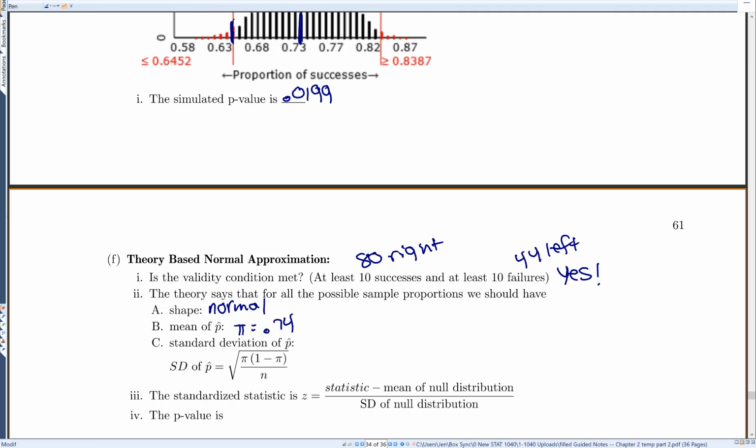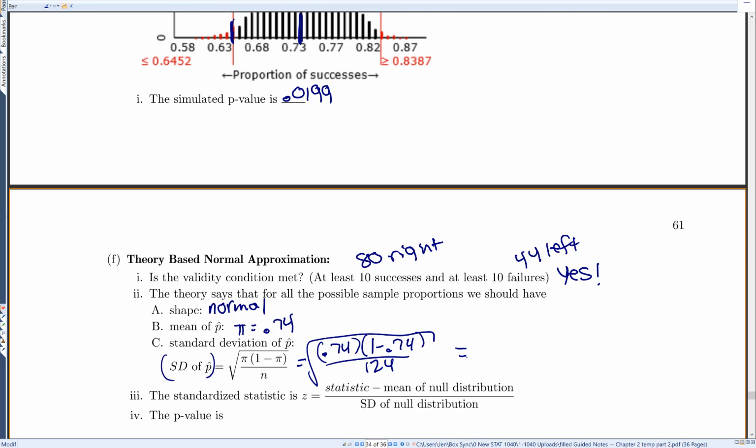And then the standard deviation of all the different p-hats, so this doesn't mean p-hat equals this, but it means the standard deviation of all the p-hats, is equal to the square root of pi, so 0.74, times 1 minus 0.74, divided by my sample size of 124. And then you have to do the square root around all of that.